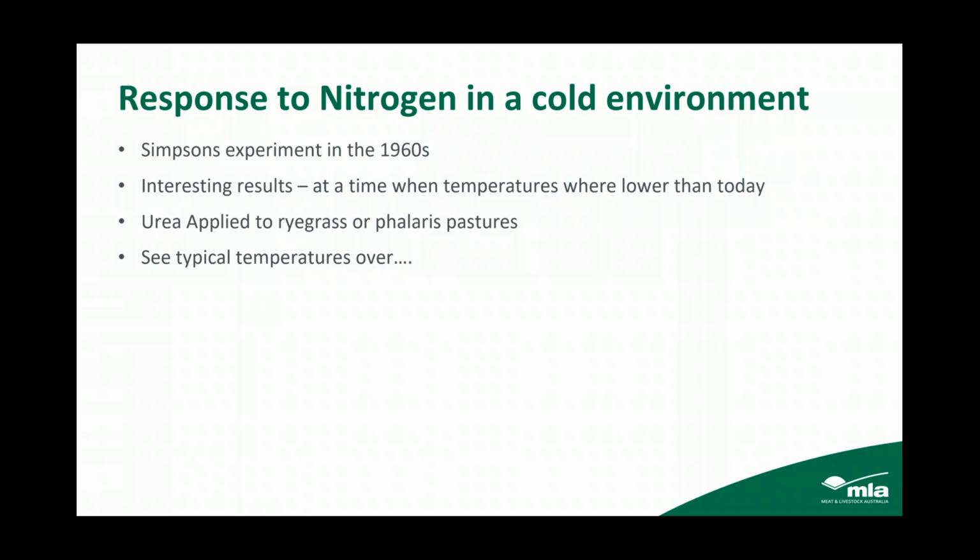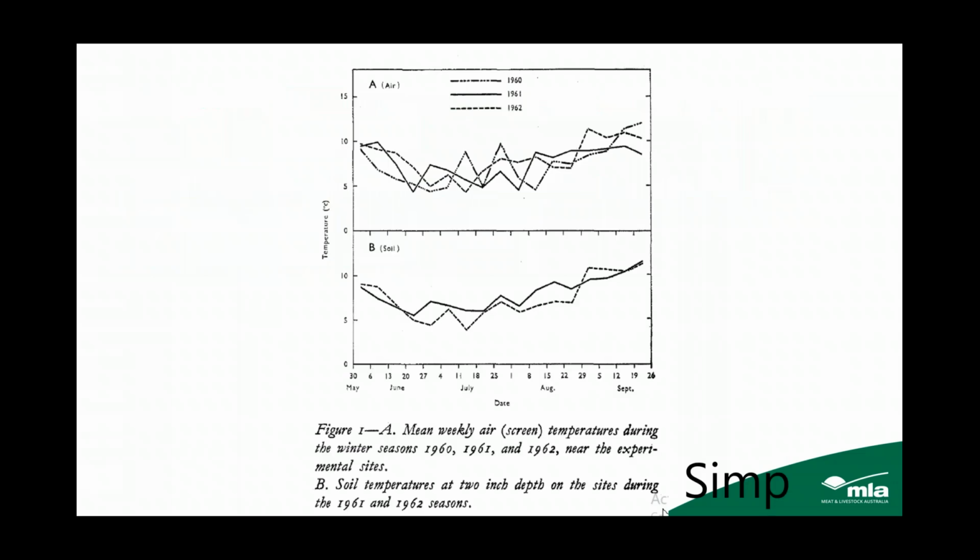Urea was applied to ryegrass or Phalaris pastures. Typical temperatures that you might get over the months where he was interested were up here. Here's air temperatures. So we're getting down to mean weekly air temperatures of 5 degrees through that July period, there and abouts for the different years in which the work was done.